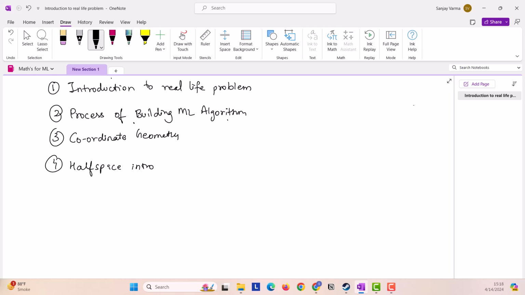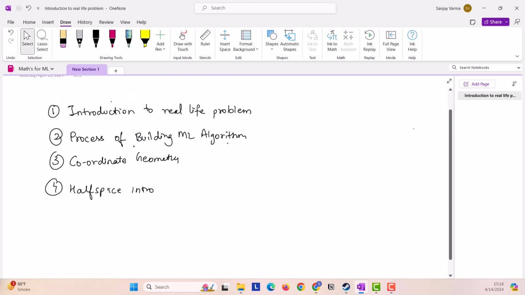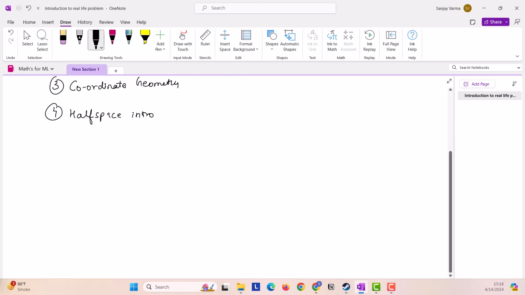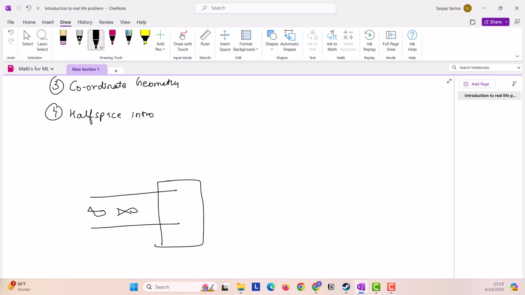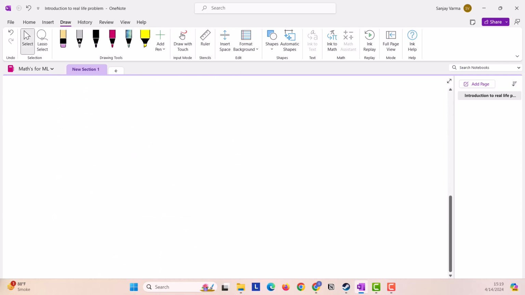So let's get started. So let's say you are working in a company and they have a problem where they want to sort different types of fish, and there let's say they have some kind of machine where they push different kinds of fish here, and there's a scanner here which gives different attributes of the fish.